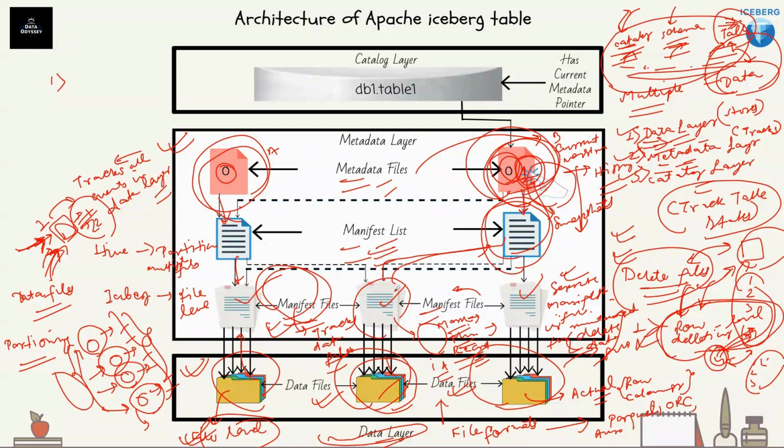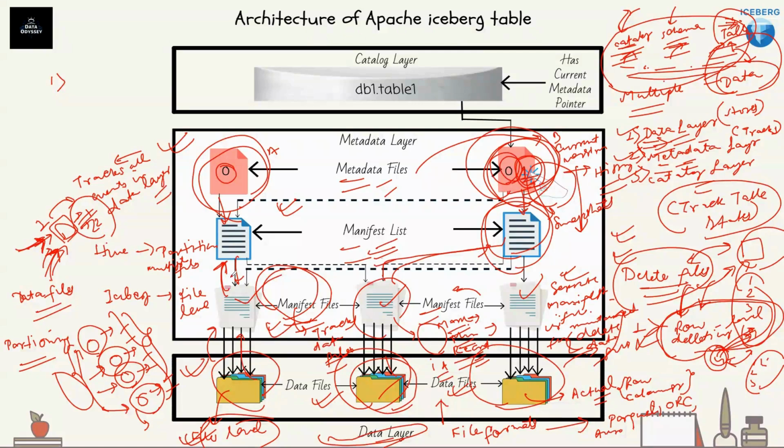Okay. And then finally we have the manifest list. What is a manifest list altogether? A manifest list is basically or essentially a snapshot of the table at a given point in time. So it tracks all the manifest files. Okay. In the same way that a manifest file tracks the data files, a manifest list tracks the multiple manifest files.